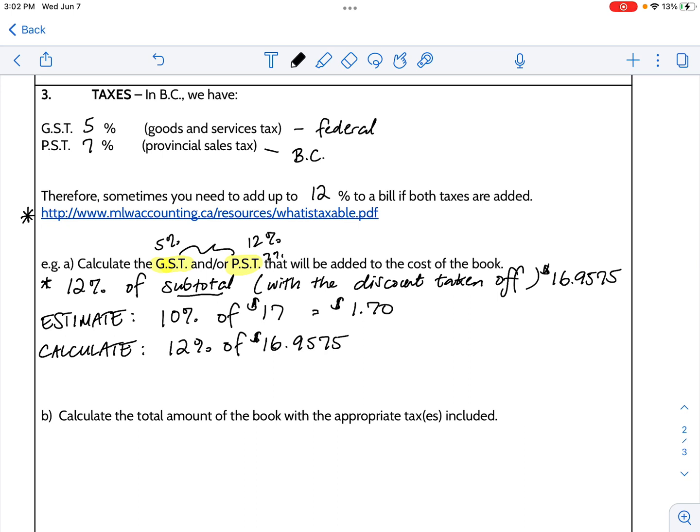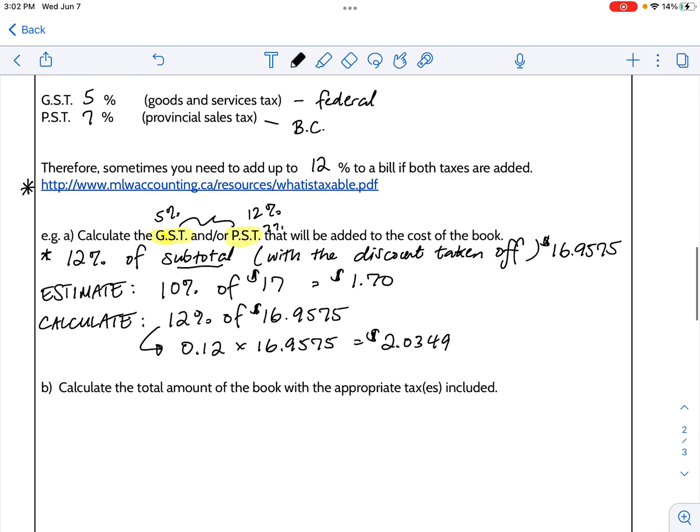So remember, when you're actually taking 12%, you're going to convert that to a decimal. So that's going to be 12 hundredths times 16.9575, because I want to keep all my decimal places. That gives me 2.0349, which is close to $1.70 because of our decimal placement, being mindful of that.